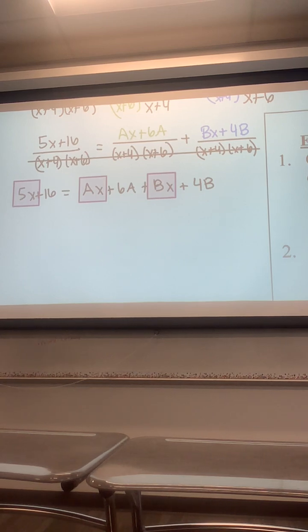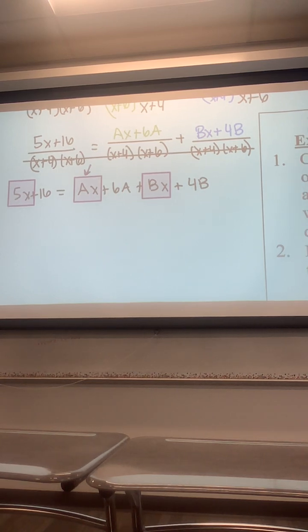So what we're saying is that whatever the value of A is and whatever the value of B is, together they have to make 5. Right? Like if this were 2x and this were 3x, that would work, wouldn't it? Or if it were 4 and 1 or 1 and 4. There are different values that this could be true for, right?